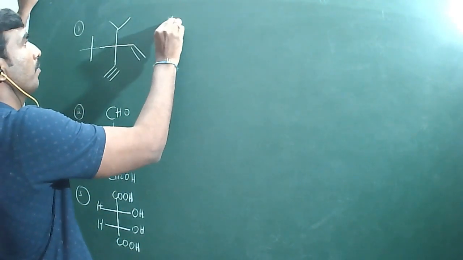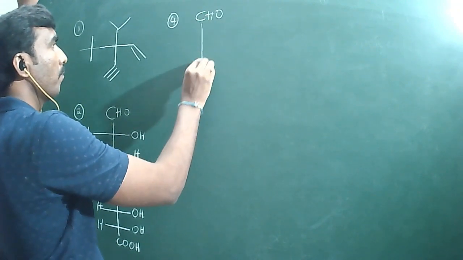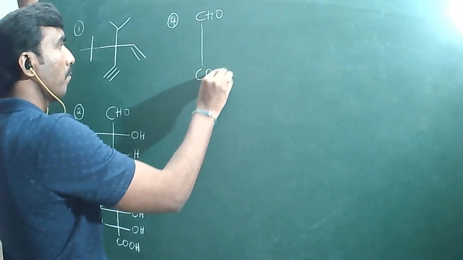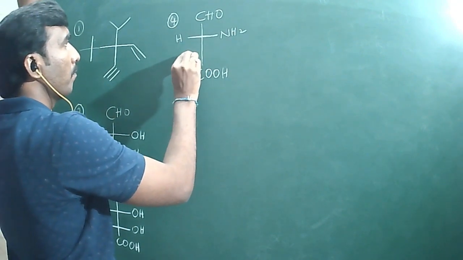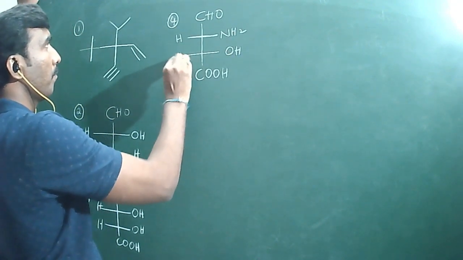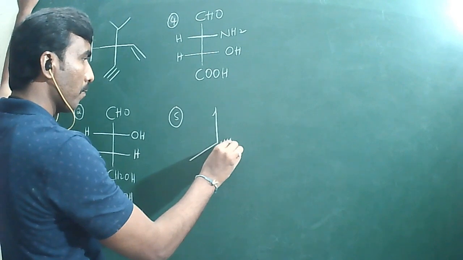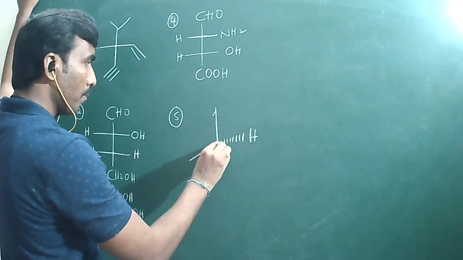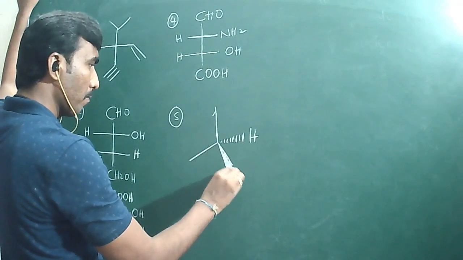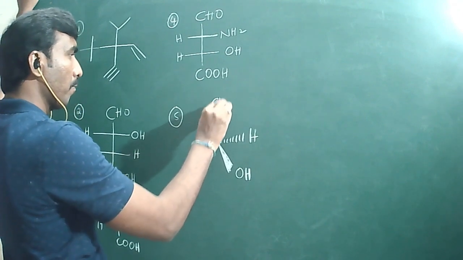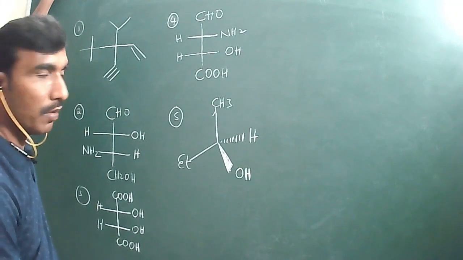And fourth one, fifth one, ET means which group it is? Ethyl group.